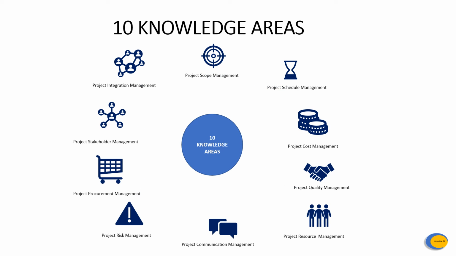First, we have project integration management, which includes processes and activities to define, combine, unify, and coordinate various processes and project management activities within the project management process groups. Project scope management includes processes and activities to ensure that the project includes all the work required, and only the work required, to complete the project.